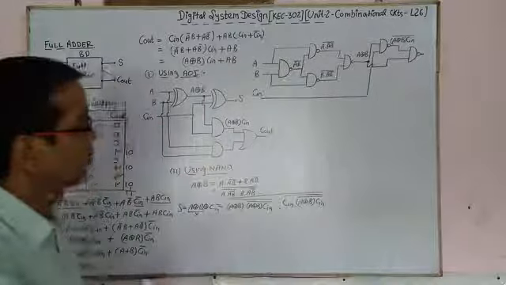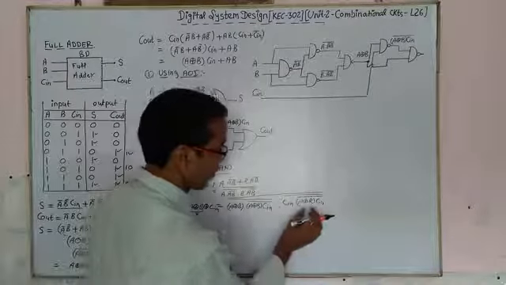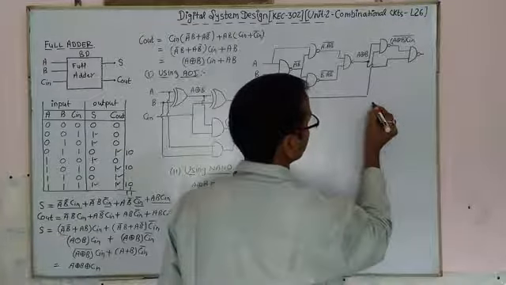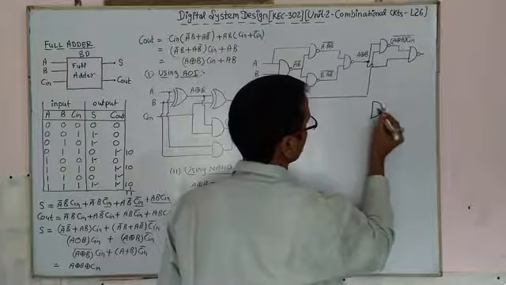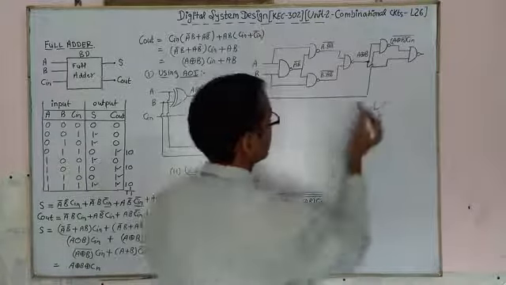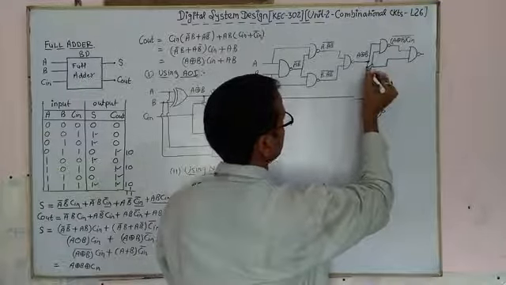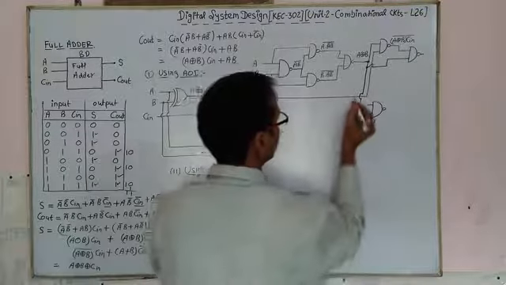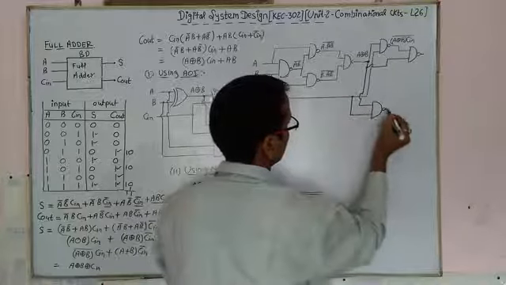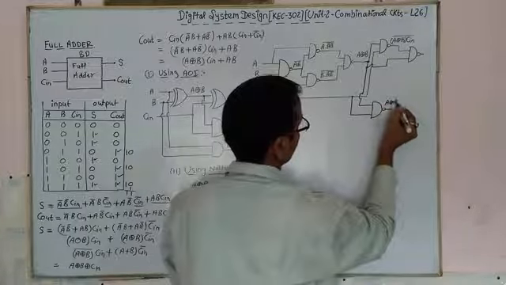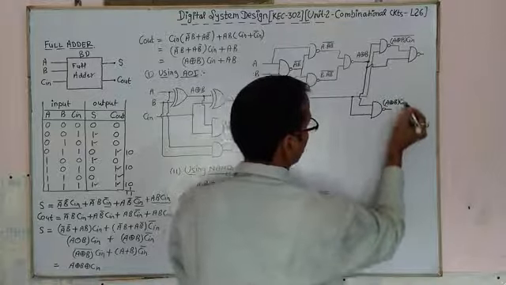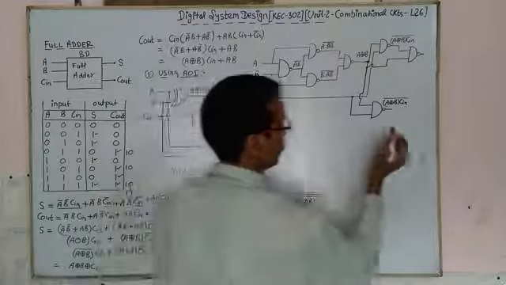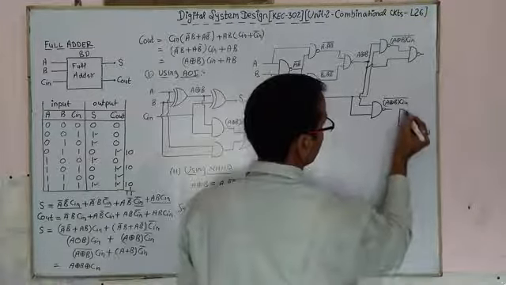And the second term is this, where one NAND gate is A XOR B into Cin. This is A XOR B, and Cin. This is A XOR B into Cin bar. Again we have to multiply Cin and this term, so we get another NAND gate.